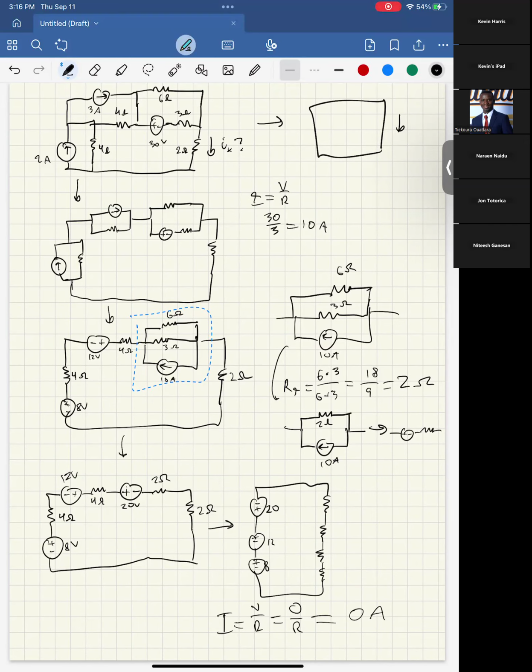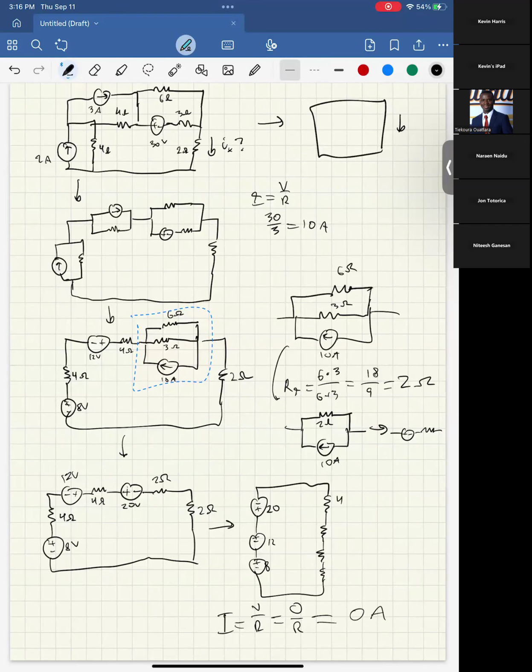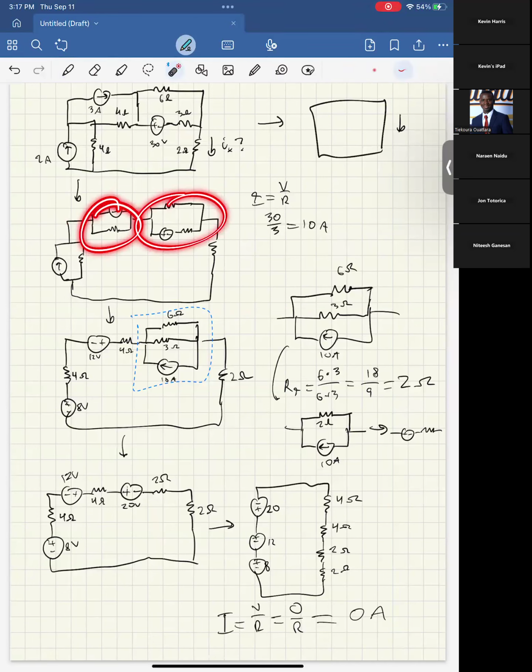But basically, that process could be used for any question where you do not get 0 as your answer. Hopefully, that was a pretty clear example of how we can think about our source transforms to solve problems a bit better.